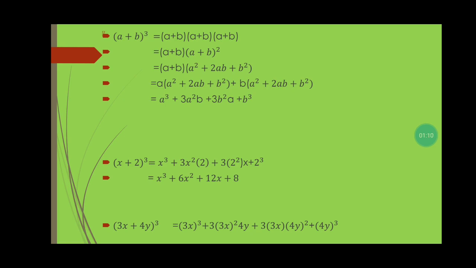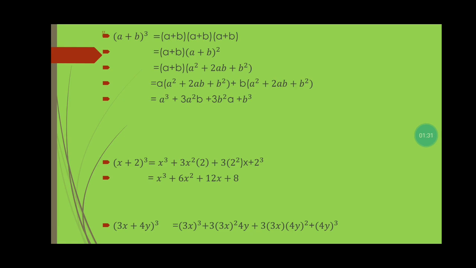Now (a + b) will be multiplied with a square plus 2ab plus b square. So first term, that is a, multiplied by (a square plus 2ab plus b square), then plus b multiplied by (a square plus 2ab plus b square).